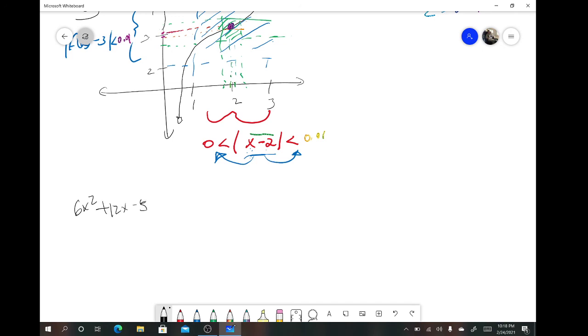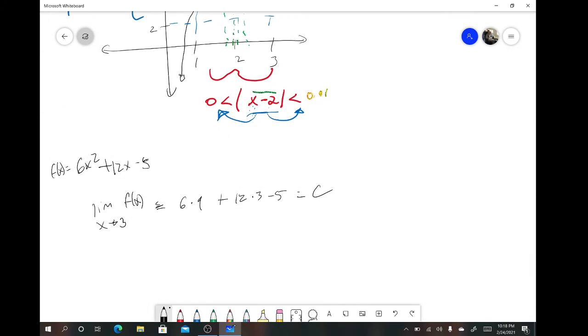If you're given a function like this and you're told to find this limit as x goes to 3, let's say this is f of x, and you actually know what the limit is. So let's say, if you compute this, that will be 6 times 9 plus 12 times 3 minus 5. So if you were to compute this, that's going to give you some number. I'll call it C, because I'm too lazy to actually look it up.